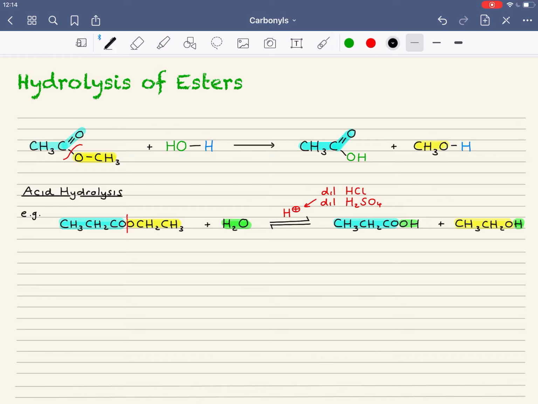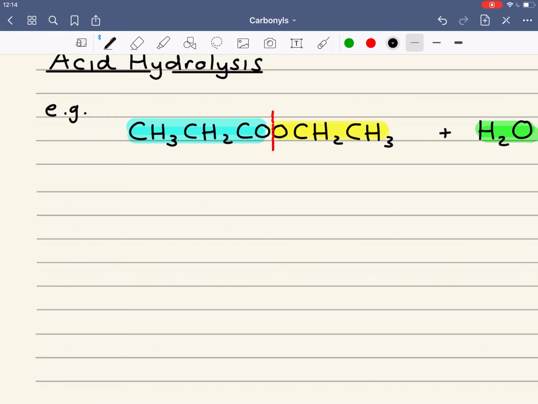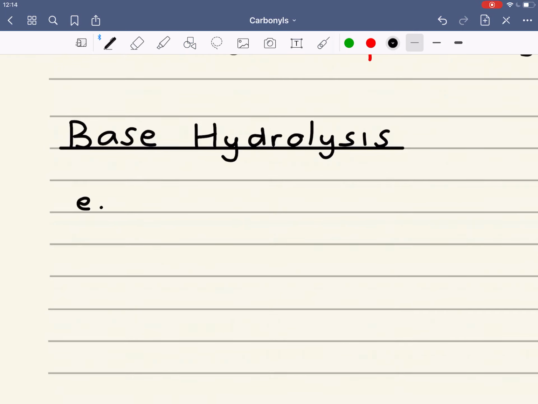We can also hydrolyze esters using a base catalyst. So we're going to look at base hydrolysis, base catalyzed hydrolysis. And for example, let's have a look at this molecule here.